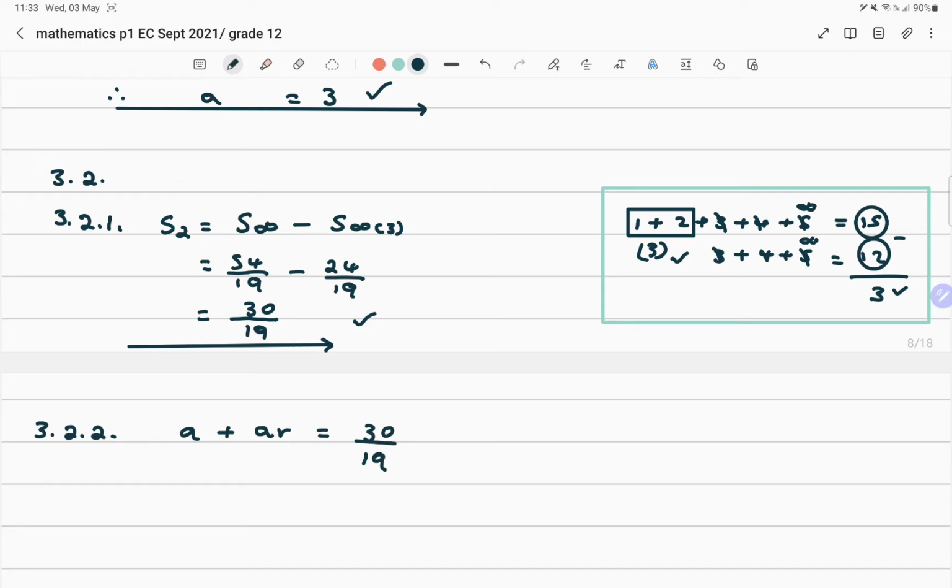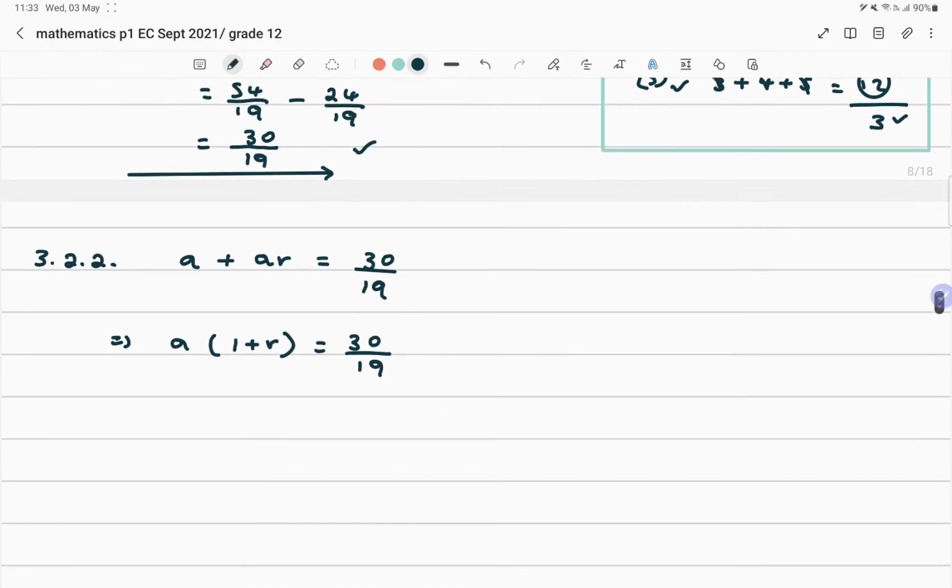Okay? So when you factor out a by factorization, it's going to be a times 1 plus r equals 30/19.